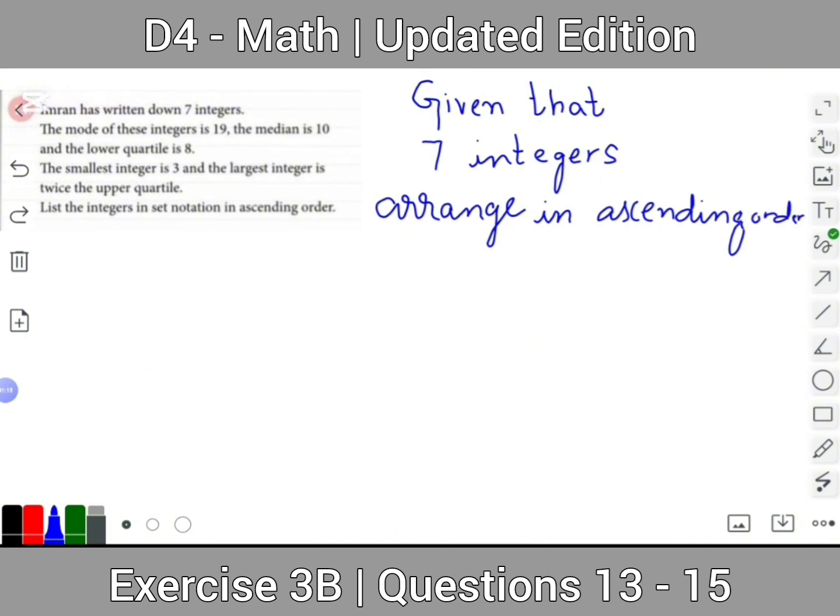The positions of the lower quartile, median, and upper quartile are as follows. So now we will write down here the 7 positions. Here we have 1 position, 2, 3, 4, 5, 6, and 7. So the median will be the middle value since the total frequency n is equal to 7. So the median lies somewhere here.